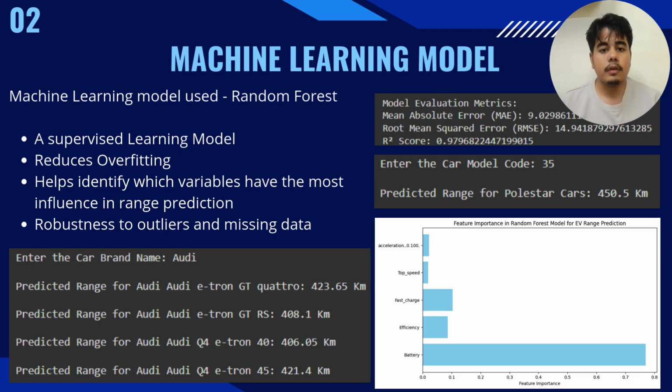And if you see the model evaluation metrics on the top right, you'd see the results that we have gotten from this model. And just below that, we have also developed another program where if you enter a car model code that we have predetermined, it would show the predicted range for that particular car.